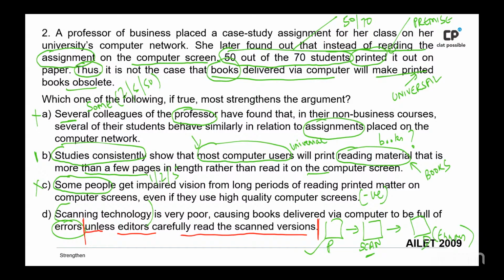these mistakes. For example, when I scan a printed book, make it into a digital book, there are errors introduced, and then the editors do a proofreading and editing, and they render a version of the digital book which is without any errors.